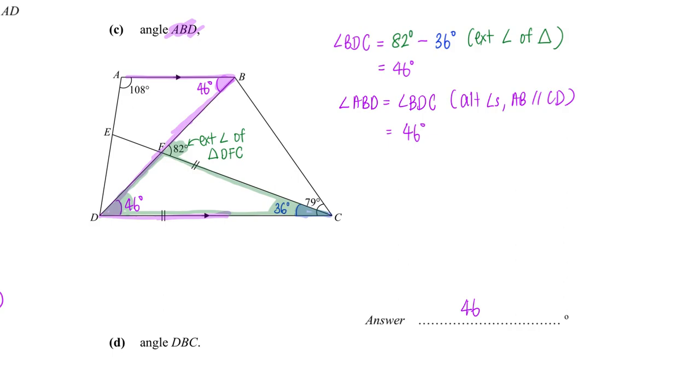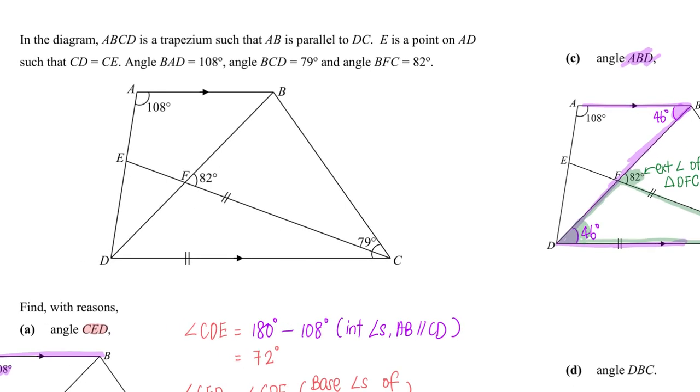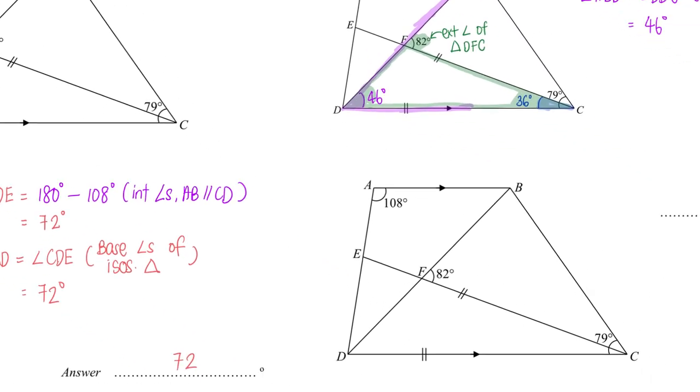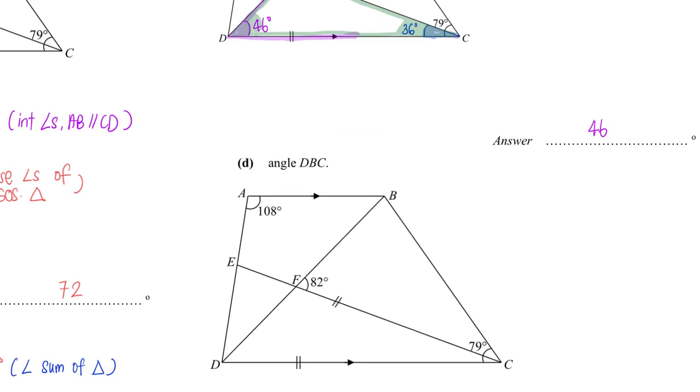And let's move on to the last question, DBC. Okay, so again, as per previous, I'm going to make a copy of this so that it's easier for us to visualize for this part.